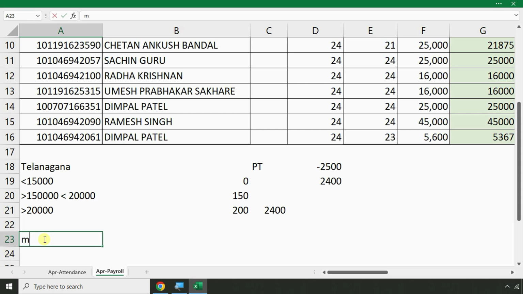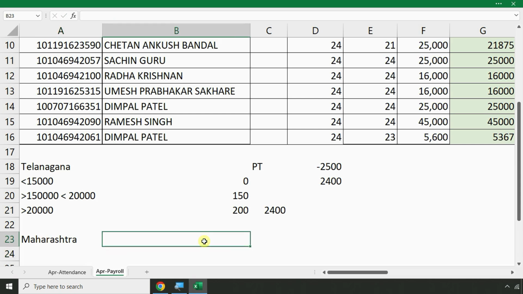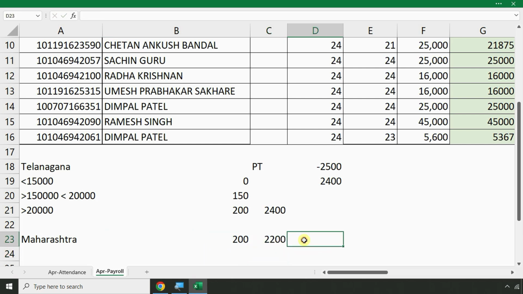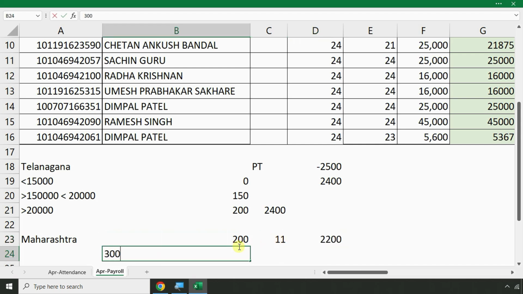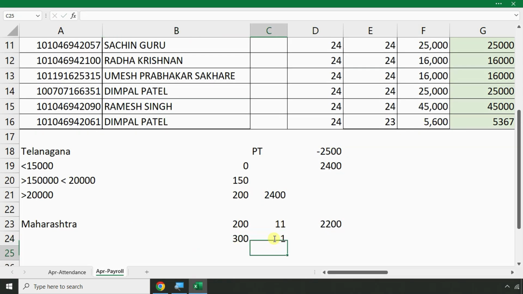If you see the state of Maharashtra, state government collects 200 rupees for 11 months. Total how much? For the last month, they will collect a professional tax. How much, you know?